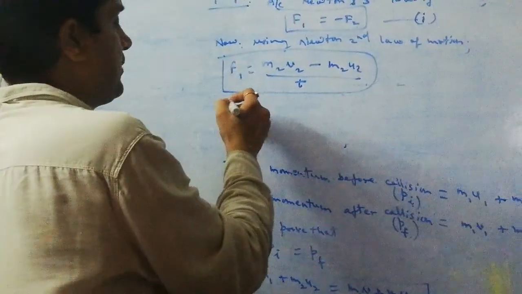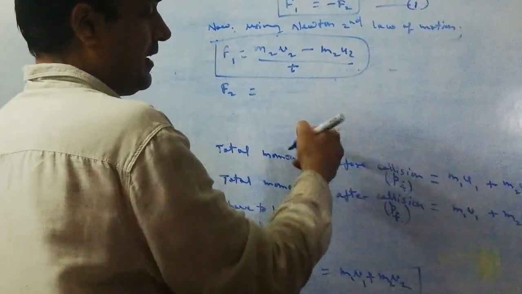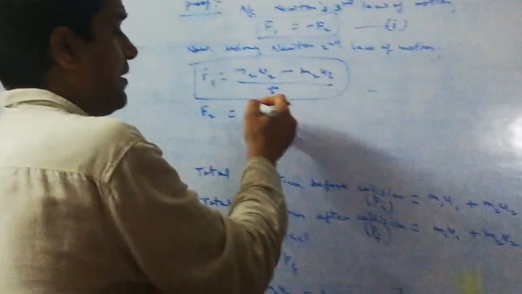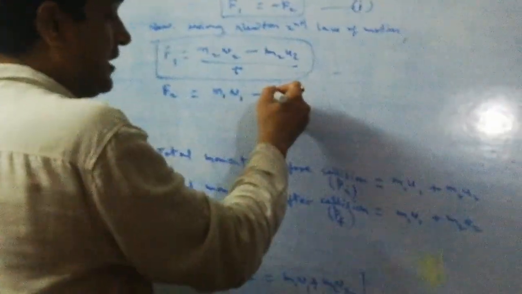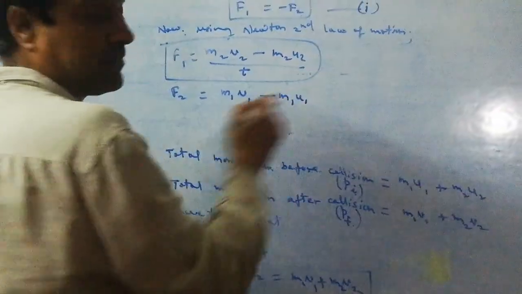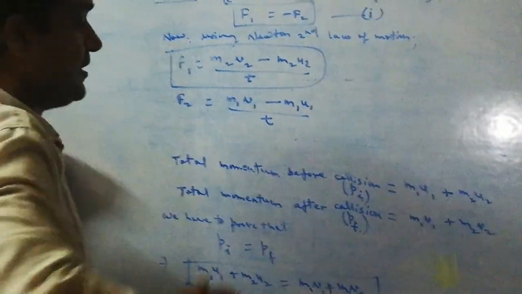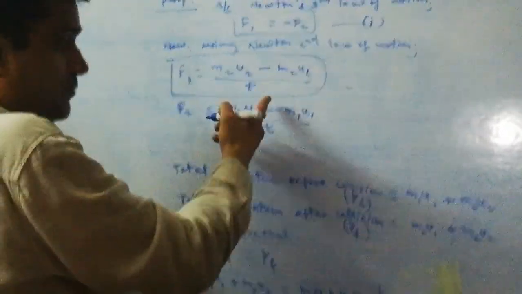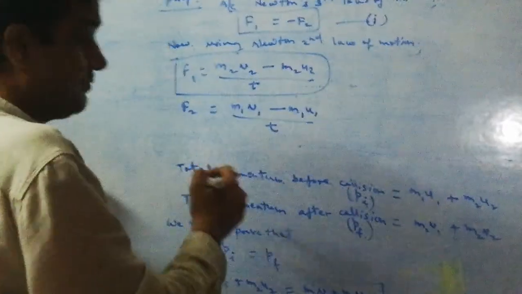Now if you are talking about F2, F2 will be acted by the second body on the first body. So there will be a change in momentum of the first body: final momentum of the first minus initial momentum of the first, divided by the time in which the momentum change takes place. So force is the rate of change of momentum. We are using Newton's second law of motion.